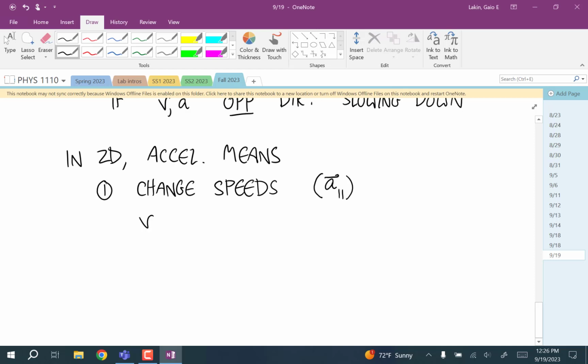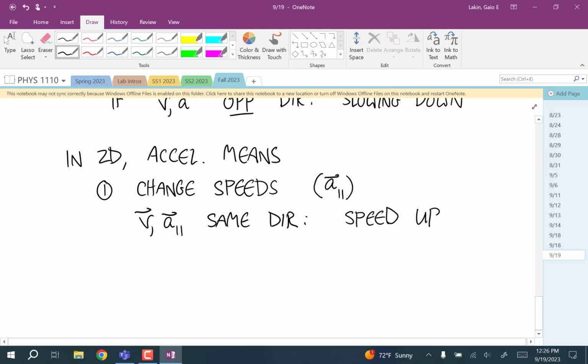And if the velocity and the parallel part of the acceleration are in the same direction, do you think, based on 1D, the object is going to be speeding up or slowing down? Speeding up. And if velocity and acceleration parallel are in opposite directions, then it's going to be slowing down.